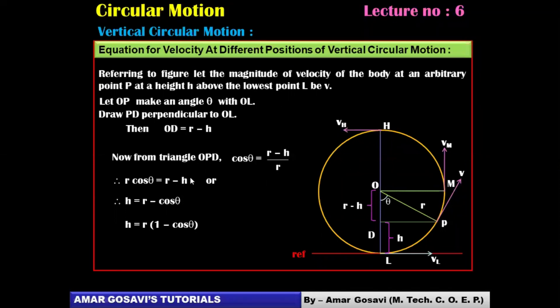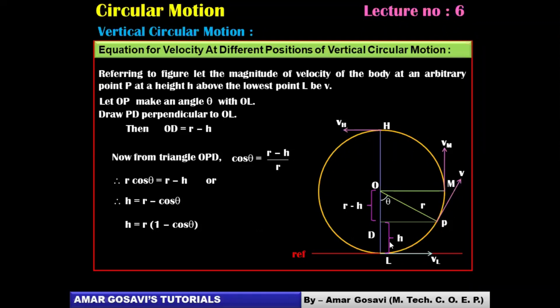So from this, we shuffle everything in terms of H. H will be R minus cos theta. So here, R minus R, sorry, it won't be R minus cos theta. It will be R minus R cos theta. This R was missing over here. Then you take R as common, and what remains in the bracket is 1 minus cos theta, friends. You got this height. Which height? This particular height, H, and the value of that height is R(1 minus cos theta).